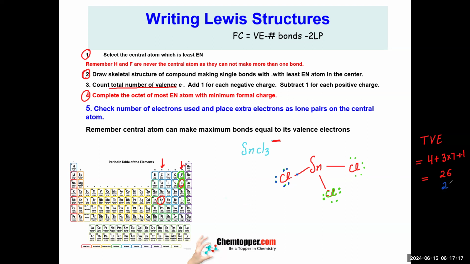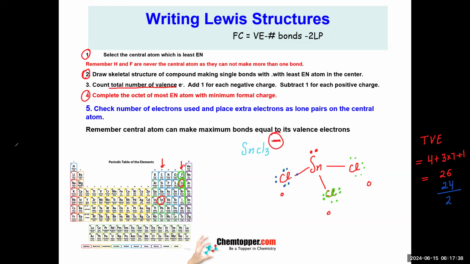You have used 24. How many are left? Where will these 2 electrons go? Now these are 0, 0. Who is holding the formal negative? This negative?